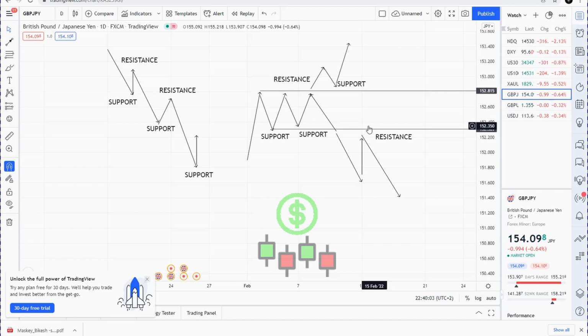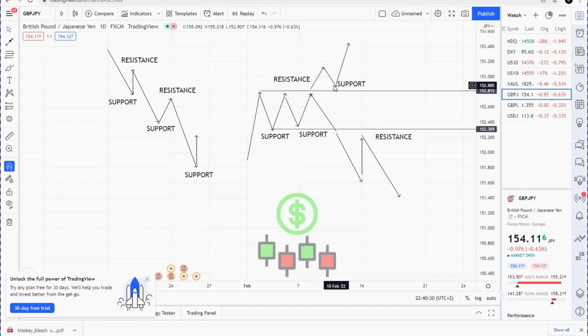Remember, the difference between resistance and support is that resistance is always above the current market price. Let's assume this was where the price is. This is where our previous support is, but now that price is below that level, this makes it resistance. In the example here, price broke through resistance and went to the upside, and then it came back again.